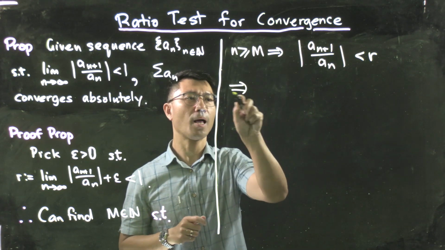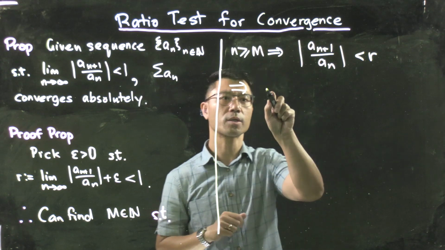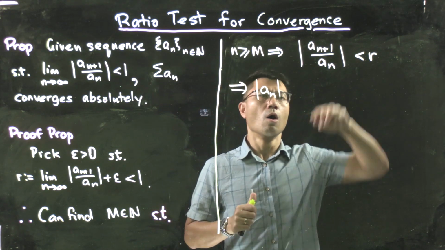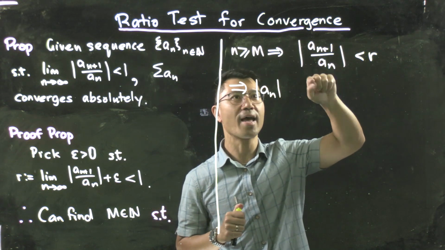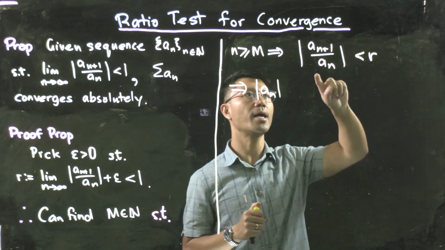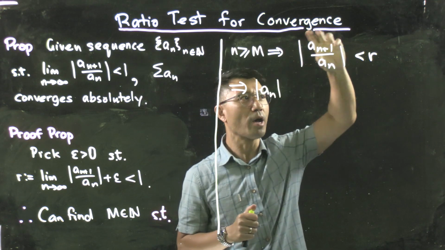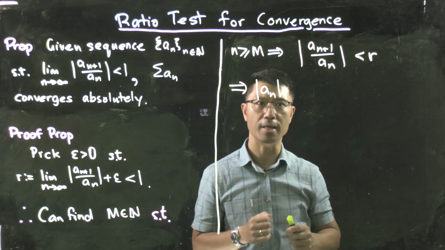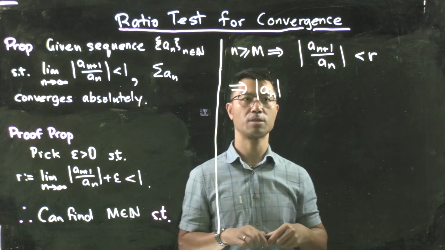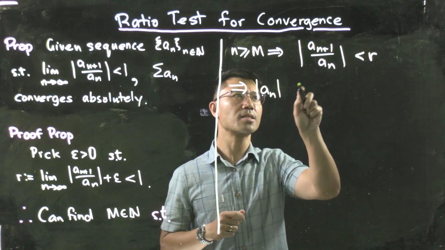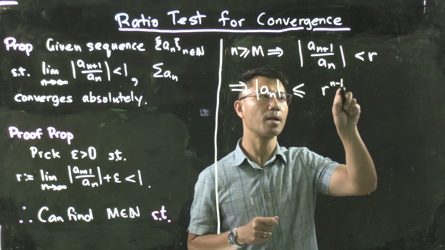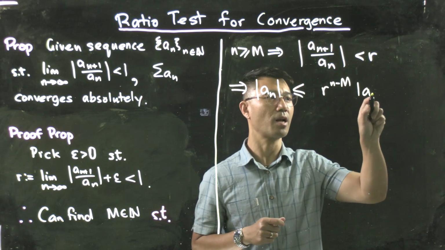So what does that imply? For these values, what can you say about this a_n, or its absolute value? Well, when you go from one term to the next after the mth term, this ratio less than r means that a_{n+1} can be at most r times bigger. So that means that this is bounded above by r to the n minus m times the absolute value of a_m.